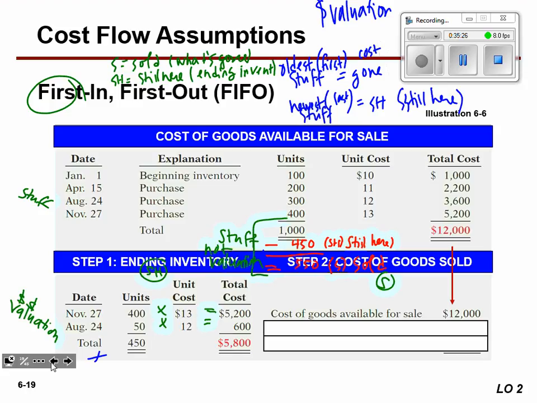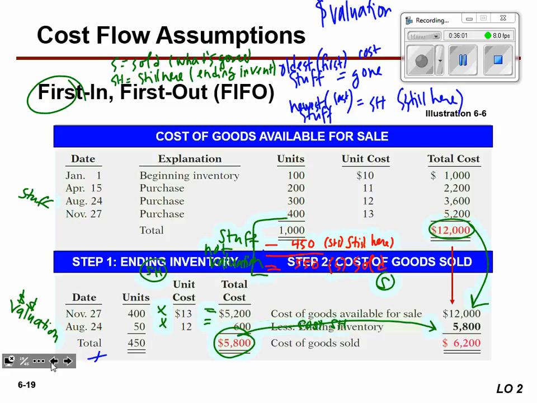Cost of goods available for sale was already calculated from above. You see an arrow there, but that's where that dollar amount is. Cost of goods available for sale, so the cost of stuff that we had to even sell, minus the cost of SH, which we just calculated over here, finally can equal the cost of goods sold.